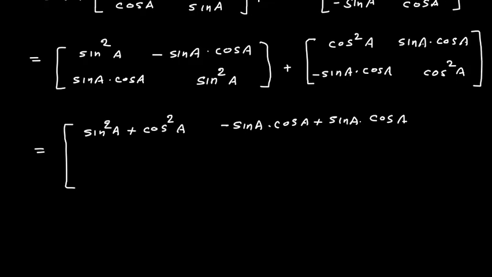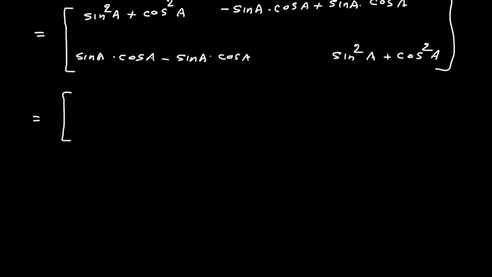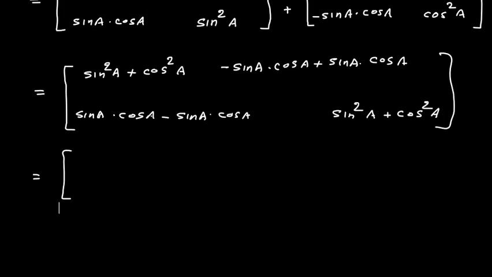Now in the second row we have sin a into cos a minus sin a into cos a, and this term is sin square A plus cos square A. So if you have done this trigonometric topic, then this sin square A plus cos square A, its value is 1 and this value is 0. This value here is 0 and here it is 1.